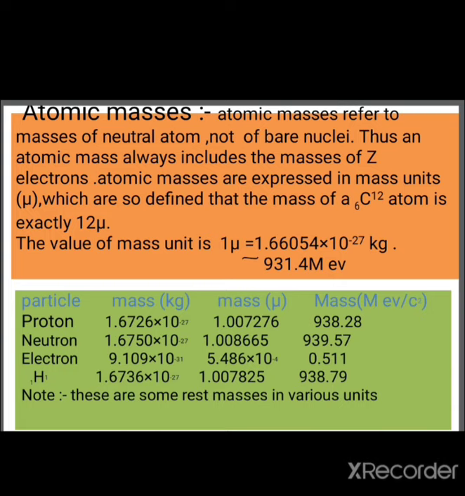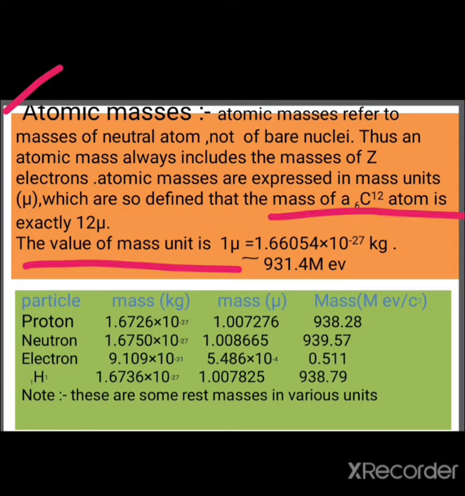Now further, what are atomic masses? Atomic masses refer to the masses of a neutral atom and not of bare nuclei. Thus an atomic mass always includes the masses of Z electrons, and atomic masses are always expressed in units mu, which are so defined that the mass of a carbon atom is exactly 12 mu.